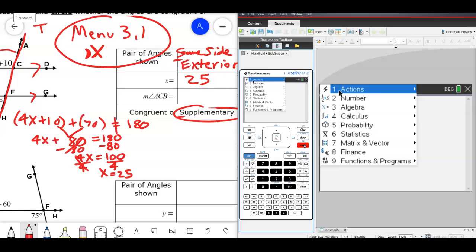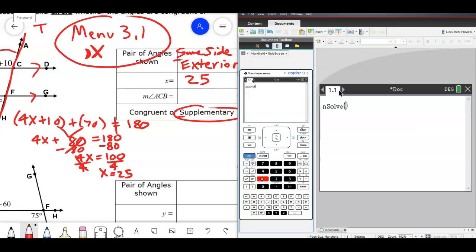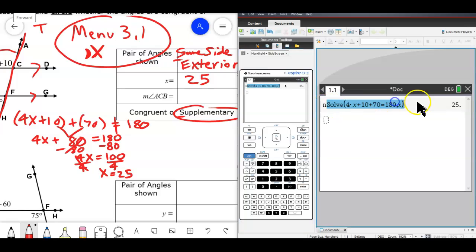So menu 3, 1. I know I used parentheses in the original equation, but I can just do 4x plus 10 plus 70 equals 180. I cannot forget the comma x. Okay. You can n-solve it to get the same answer, 25. Okay. Please have a method, whether you solve it by hand or n-solve.